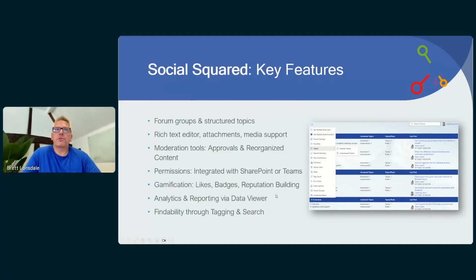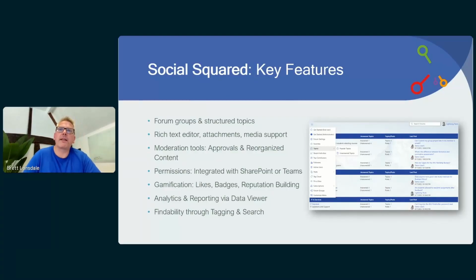There's also gamification. So this encourages people to answer other people and also to vote and respond. So we have likes, we have badges as well. So the more your posts are liked, or the more your posts are marked as answered, that means that you're going to gain more reputation inside of certain forums by being able to present those badges inside of your signature.